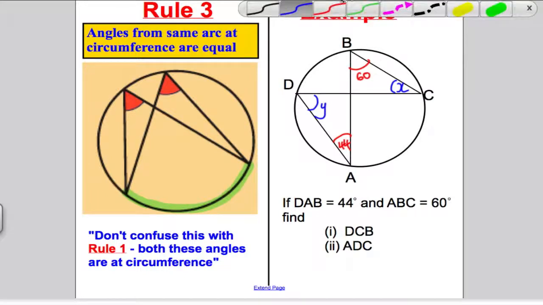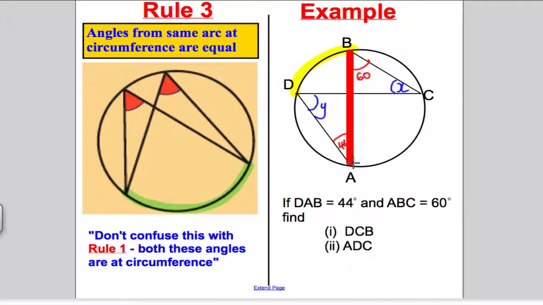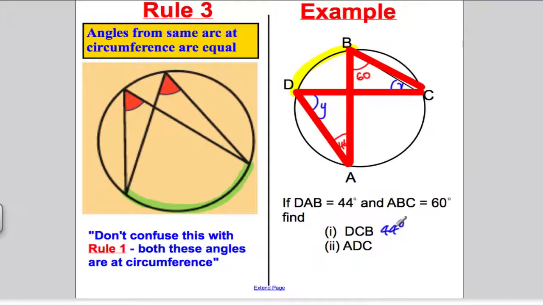Define your arcs. Let's just define our arc and get this one sorted first. DB, there's our arc, okay? And the angle coming out from this is 44, and it must be the same as the X. So X must be 44, and X was DCB, so this is 44 degrees.